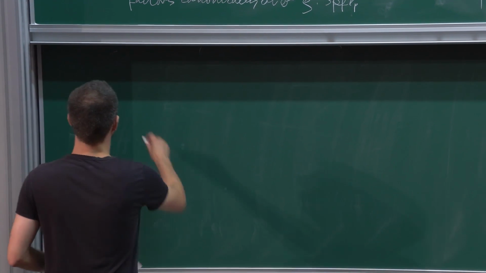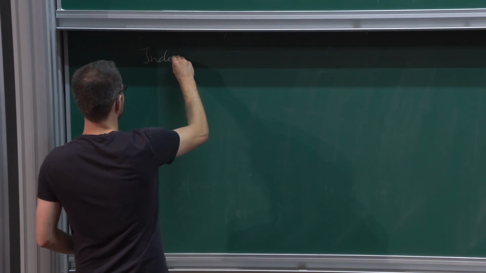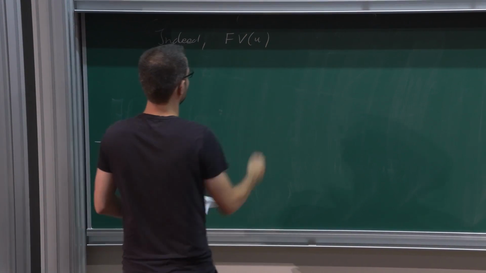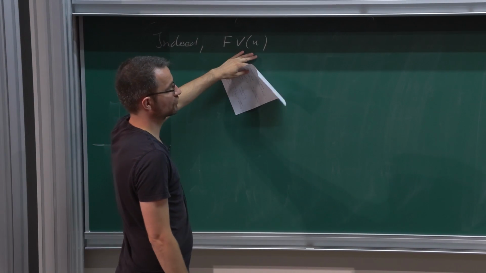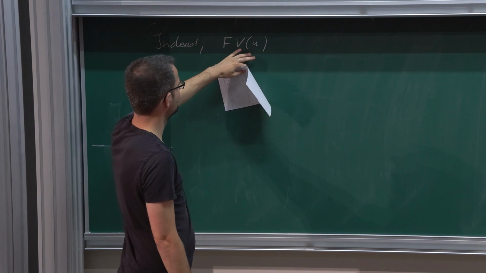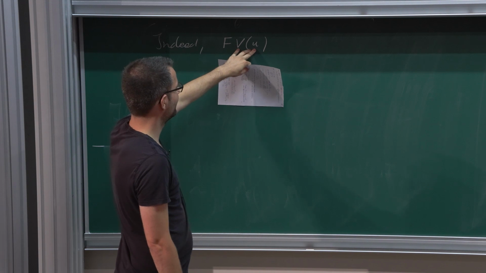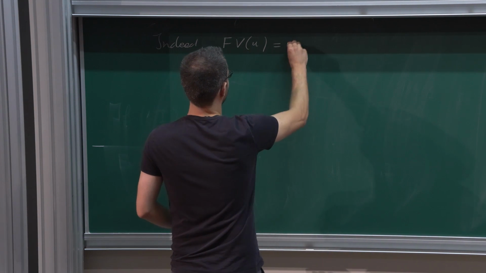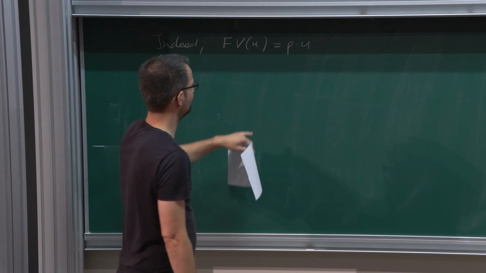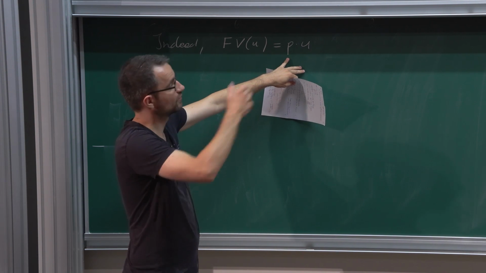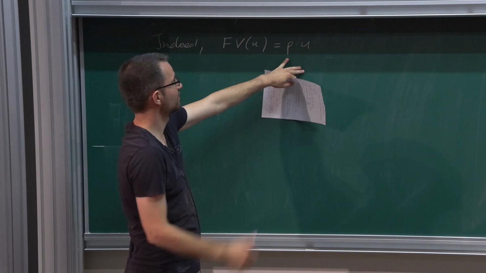And so these properties follow from the following. If we take a point in the Hodge-Tate locus, then we can represent it by a Cartesian divisor V of u, where u is some unit. And so then that's equal to a P of u. So we use just the same argument as over there.